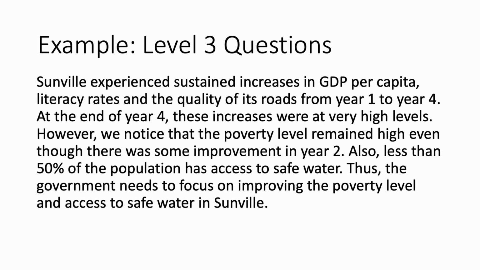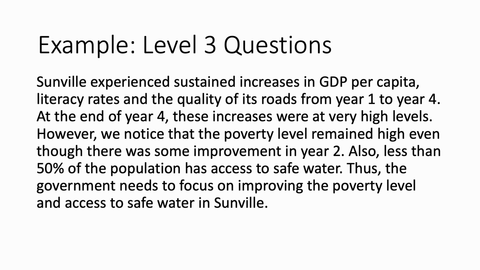Sunnyvale experienced sustained increases in GDP per capita, literacy rates, and the quality of its roads from year 1 to year 4. At the end of year 4, these increases were at very high levels.